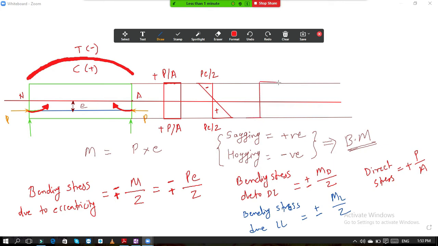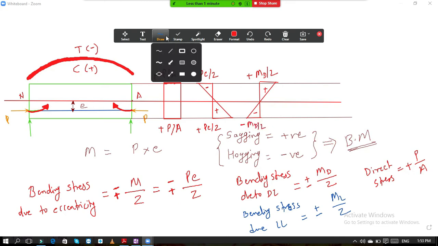Okay. So here it is plus, this is minus, this is Md by Z due to dead load. So this is at top minus, at bottom plus. Here at top plus, at bottom it is minus Md by Z. And last one, total stress at top, sigma t.